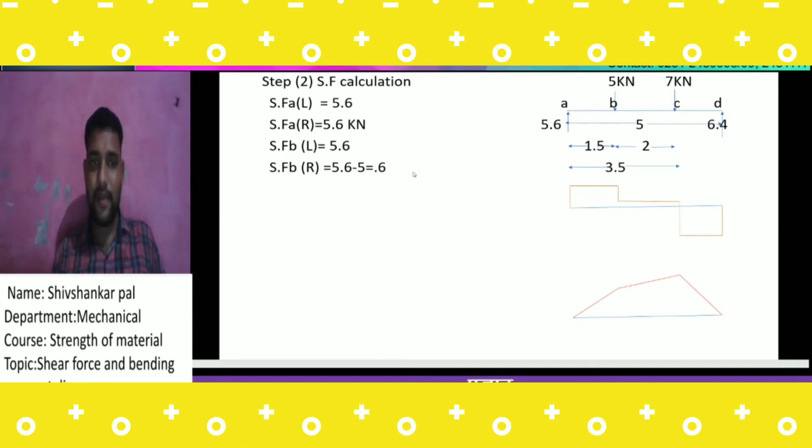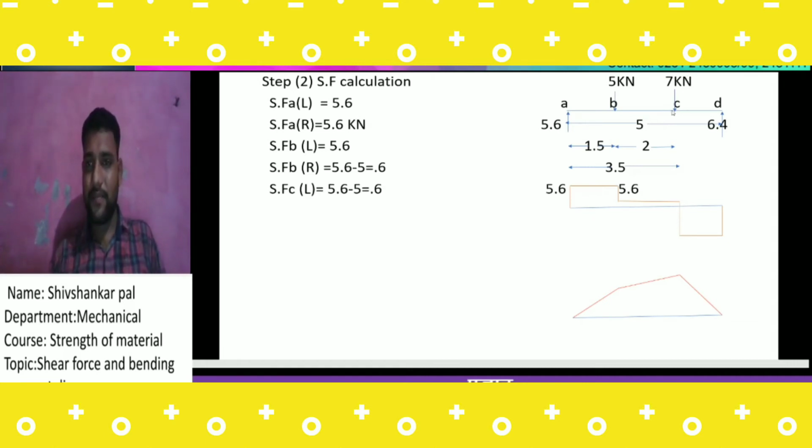Take a negative 5. At point B the shear force on the right-hand side is equal to 0.6, and going here and here we also see the 0.6, when the two loadings are on our beam.